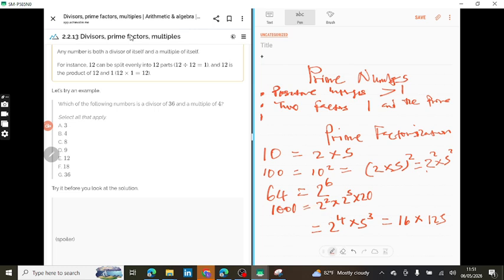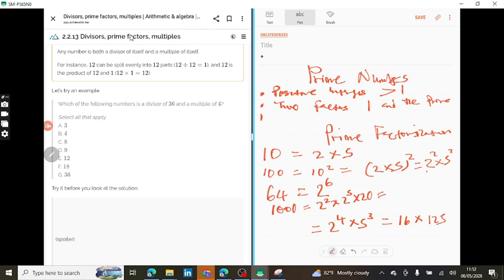Because 2000 is this, I can now make 20. So 20 is 2 times 2 times 5. So I'm introducing only 2, twice. 2 times 2 times 5 will give me 20.